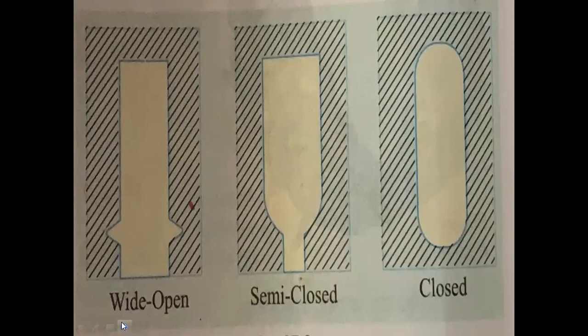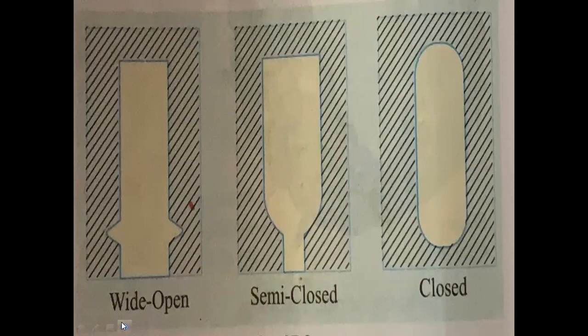Form wound coils means if you want to shape the coil before putting it into the slot, it is called form wound. Before putting in the straight copper wire, you wind the coil beforehand in the desired shape, and with that shape we put it in the slot.